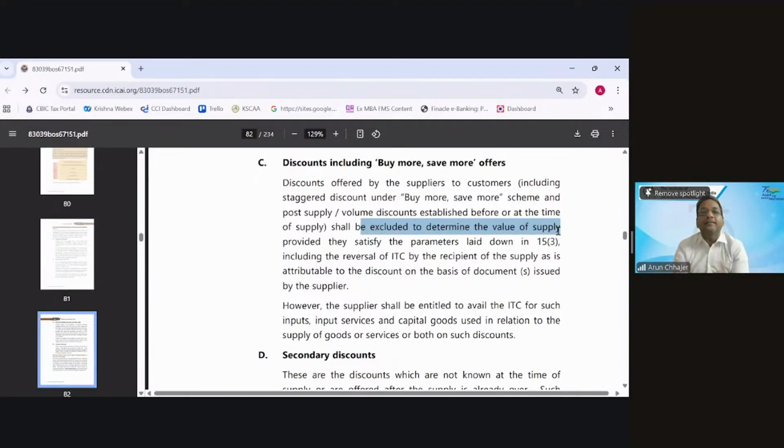By giving the GST credit note. Absolutely correct, Sanjay. By giving the GST credit note.